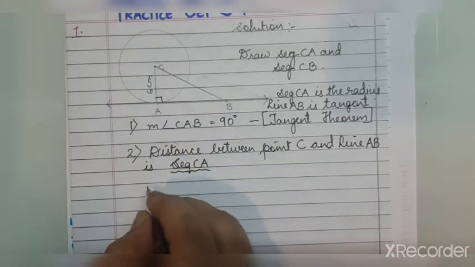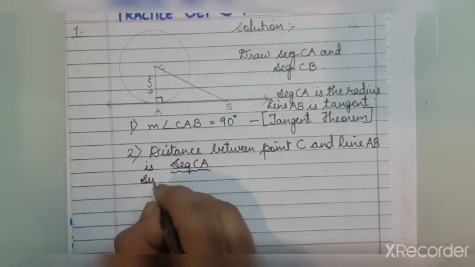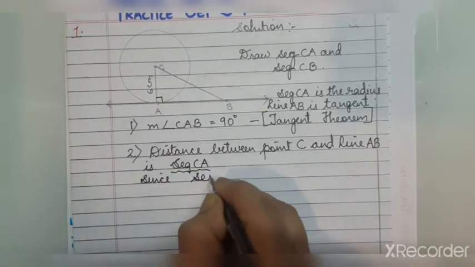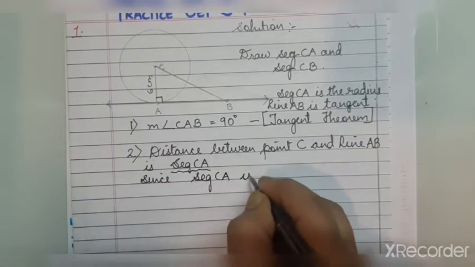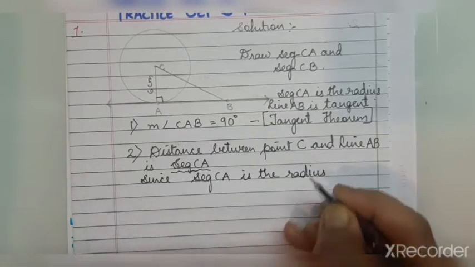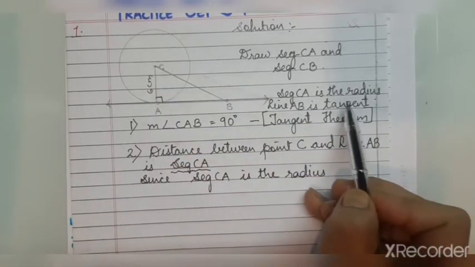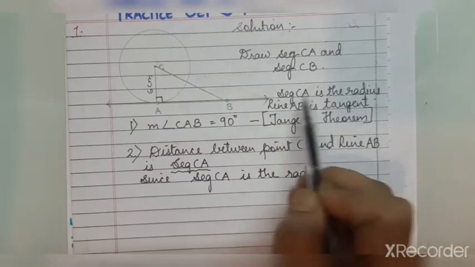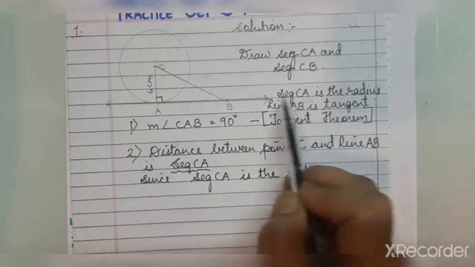We need to mention that the distance between the point C and AB is actually segment CA. Then we'll write, since segment CA is the radius of the circle. We know it from the figure as well as we have mentioned. So it is good to mention before what is the tangent, what is the radius.